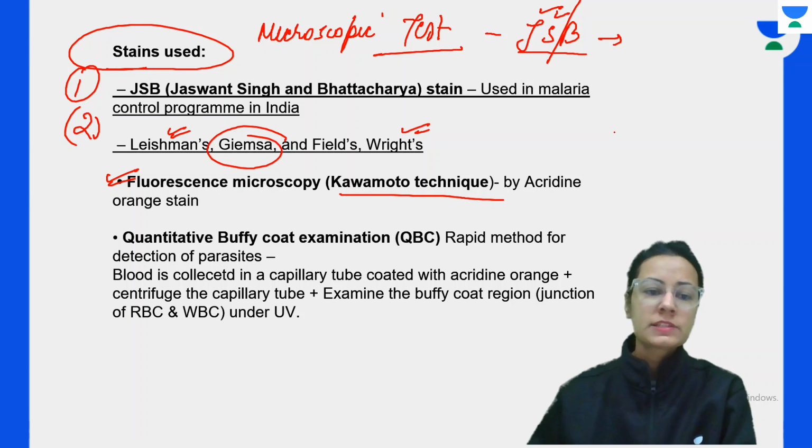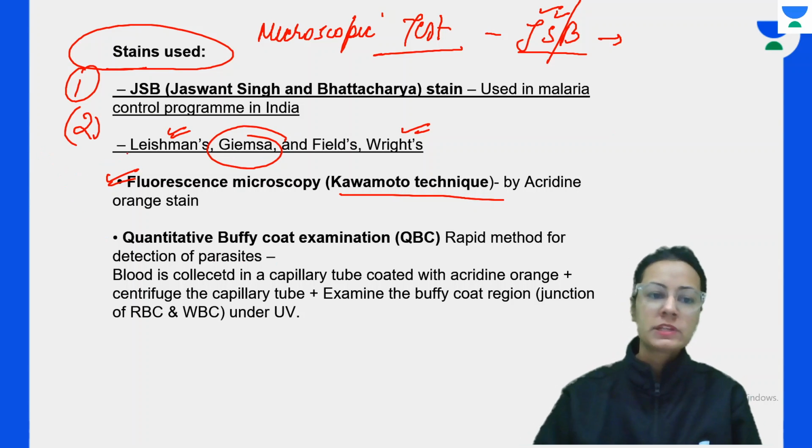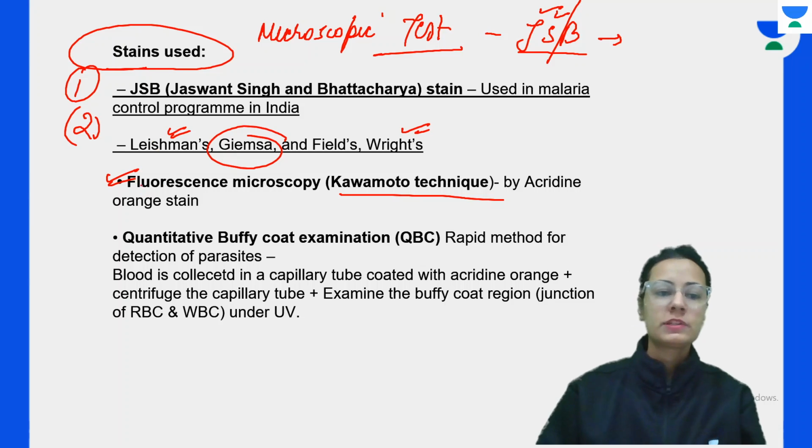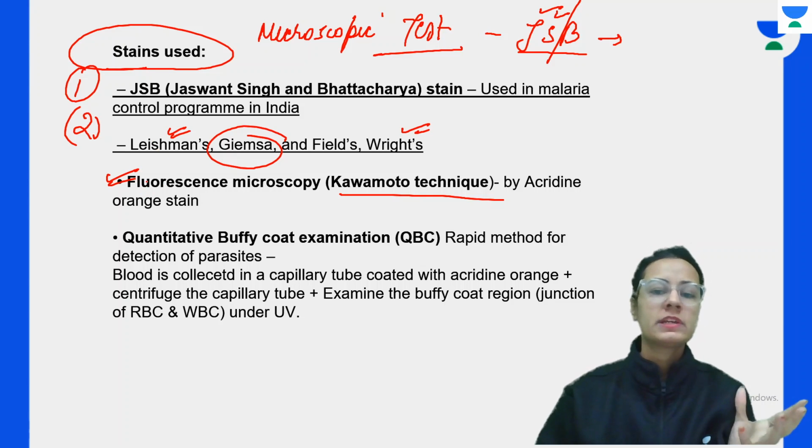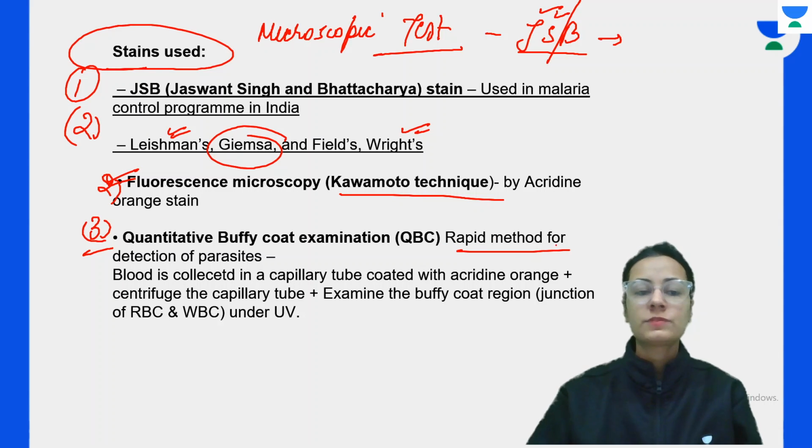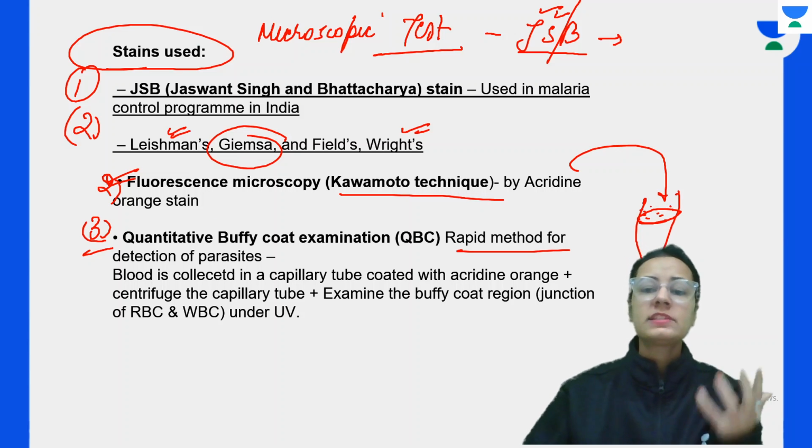Now another is the QBC method. One, we are using the JSB stains; other, we are using the Kawamoto technique, that is fluorescent, by the acridine orange stain. And we are using the QBC method, that is a rapid method test for the parasites, and the blood is collected in the capillary tube that is coated with the acridine orange dye, and it is centrifuged.